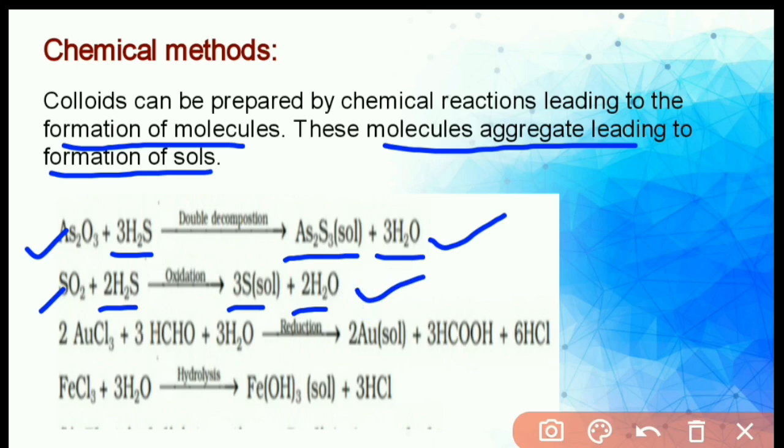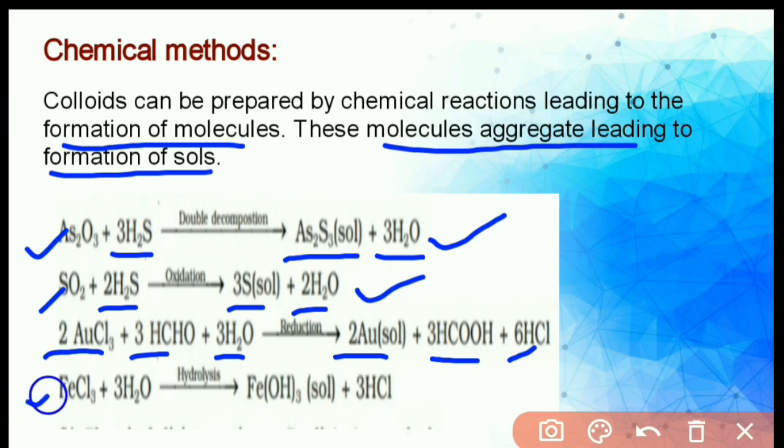Next reaction, 2 moles of gold chloride react with 3 moles of formaldehyde and 3 moles of water and form 2 moles of gold as colloidal particles, 3 moles of formic acid and 6 moles of hydrochloric acid, and make a colloidal solution.